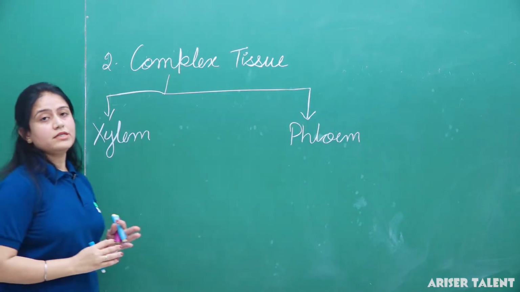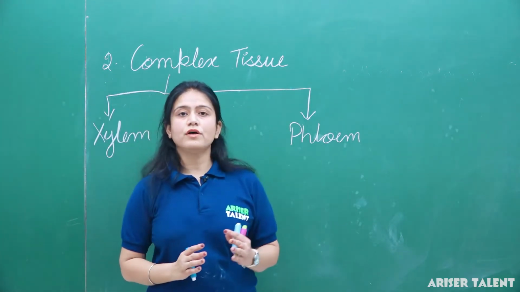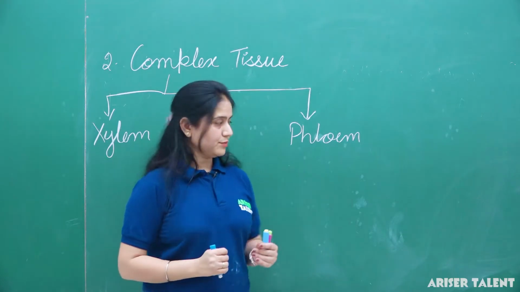Xylem is the tissue found in the wooden part of the plant.